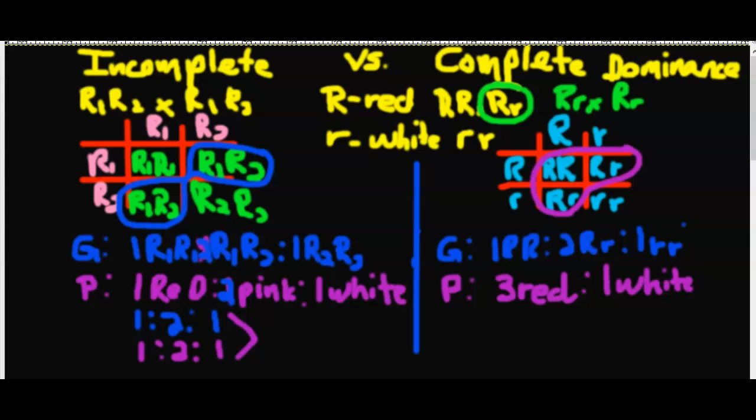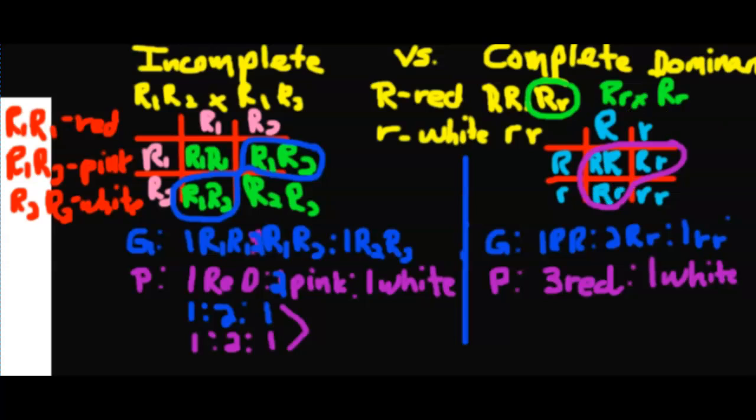Let's see if I wrote it. Alright, so let's start over. I moved it over here so you can see it. Over here we have 3 different phenotypes. Alright, so one difference was the way they're written. Another difference is incomplete dominance has 3 different phenotypes.